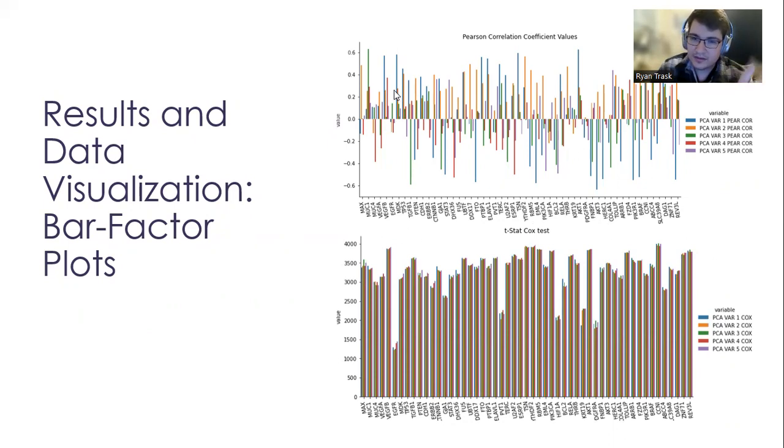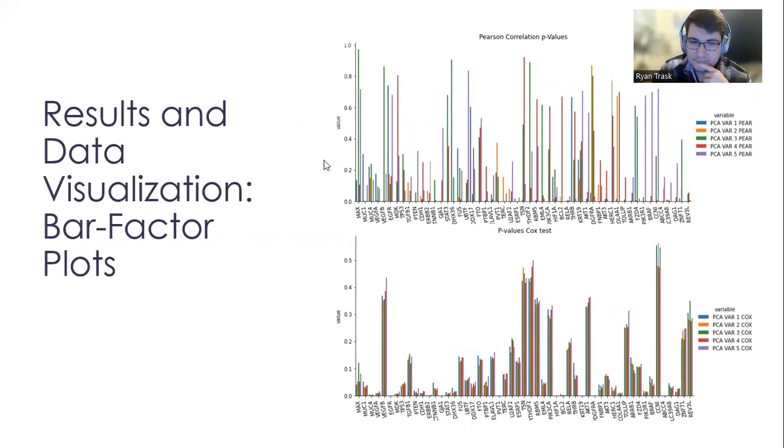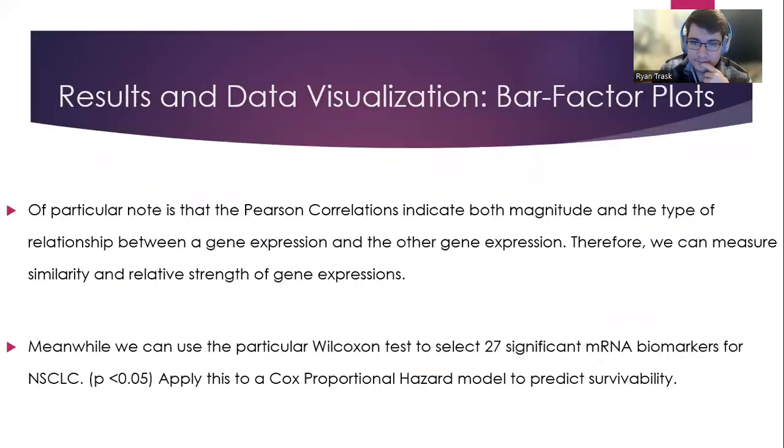But see on the top, the Pearson correlation coefficient values vary a lot across PCA vectors. That's why there's a problem. It's still valuable data though, but the test needs work. We see that across the p-values as well.